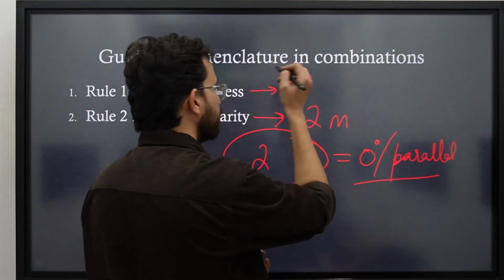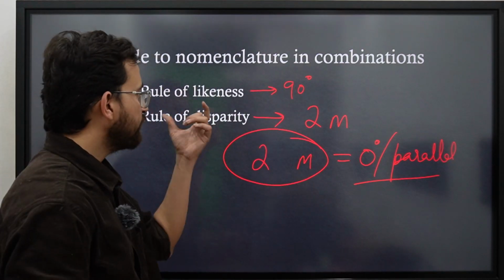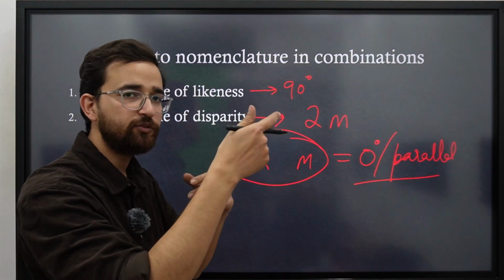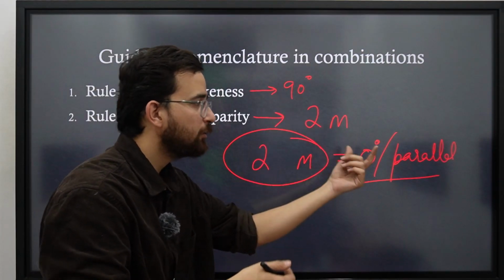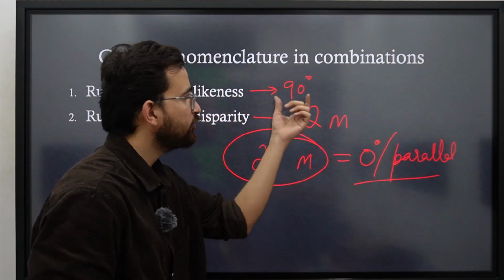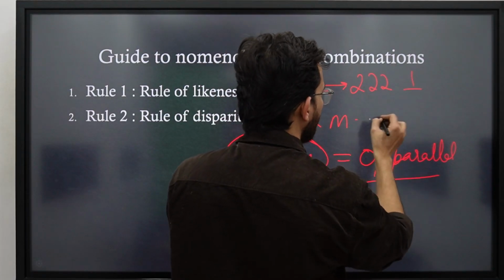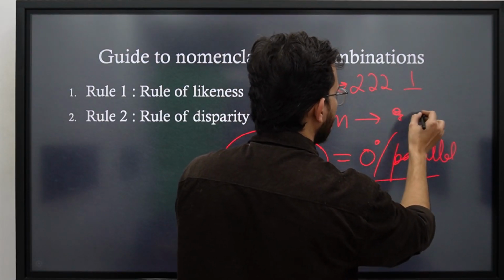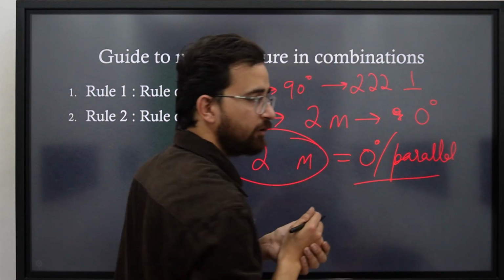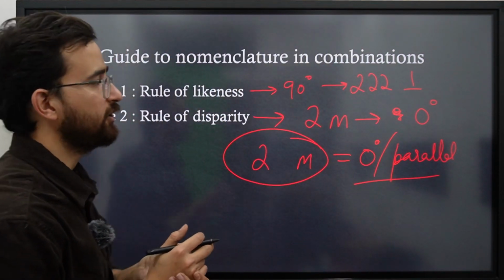Okay. So the rule of likeness was 90 degrees. The rule of disparity is exactly opposite. Perpendicular, parallel. So when you write similar things, the angle becomes 90. When you write different things, the angle becomes 0 degrees, or parallel to one another.